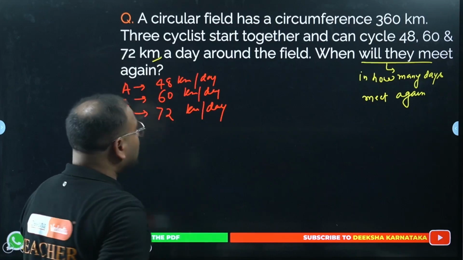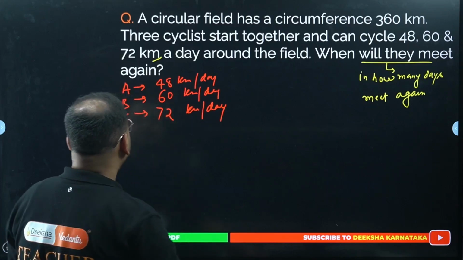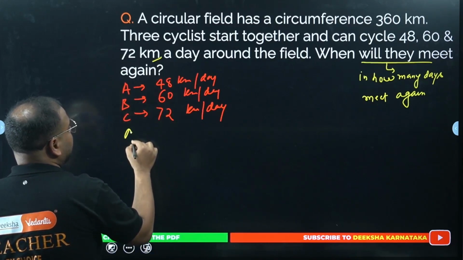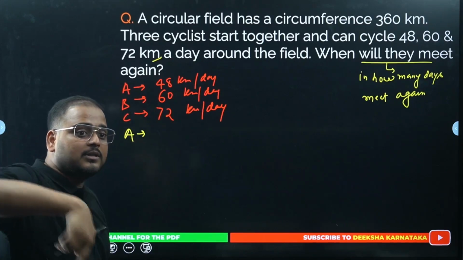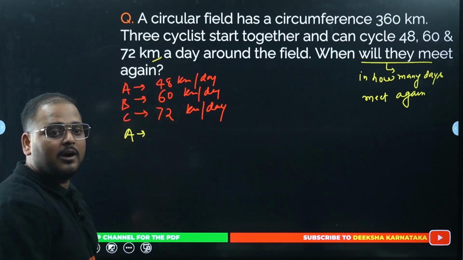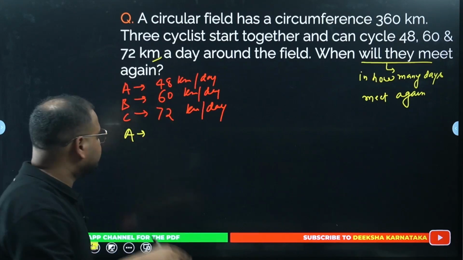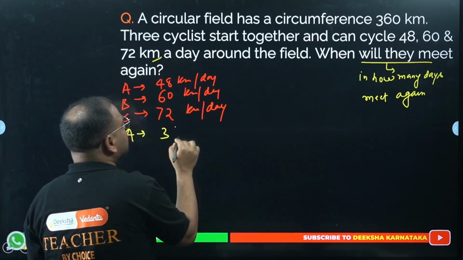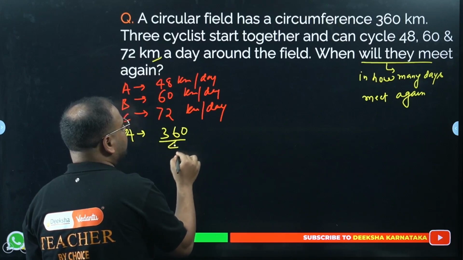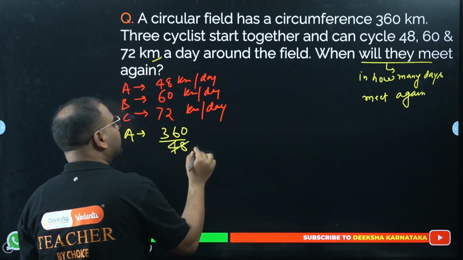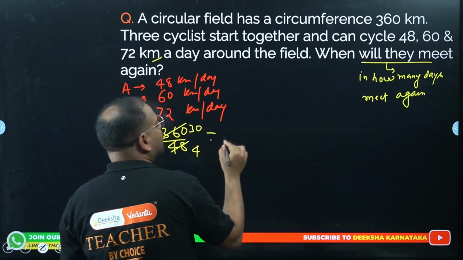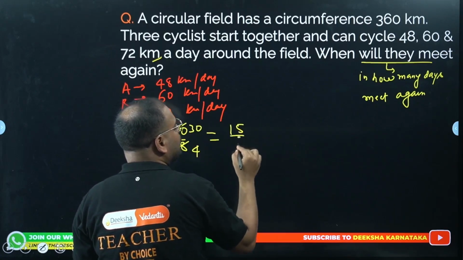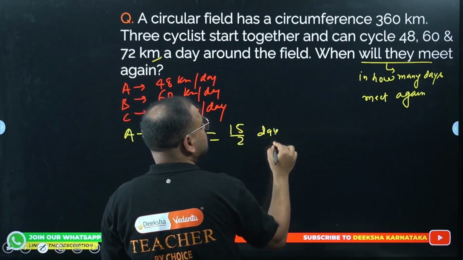Let's do that. So how many days will cyclist A take to complete the full revolution, the full circular field? It will be 360 upon 48. 12 4s are 48, 12 30s are 360. Answer is 15 by 2 days.